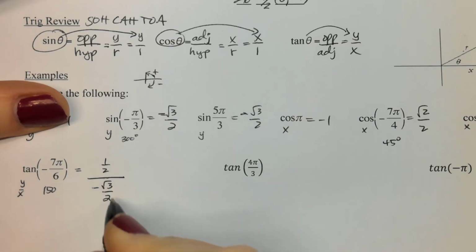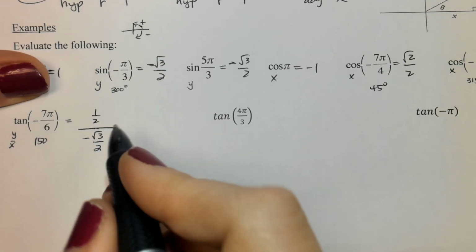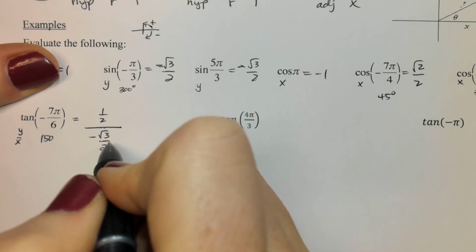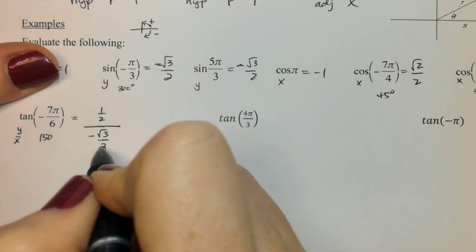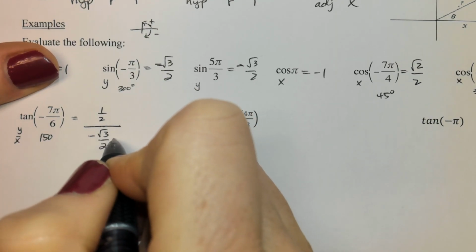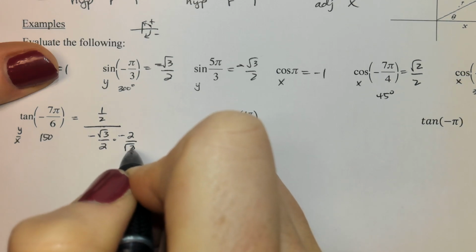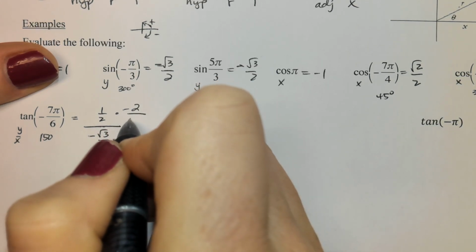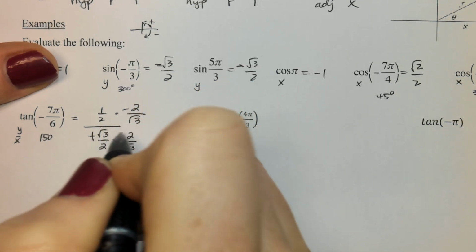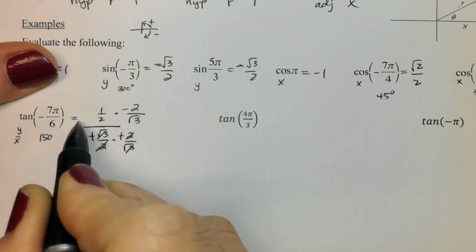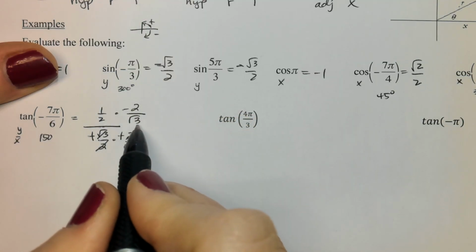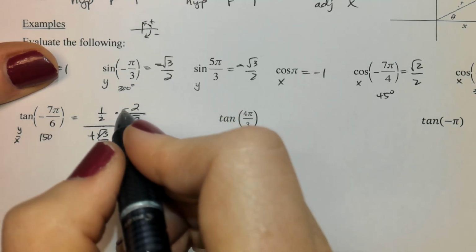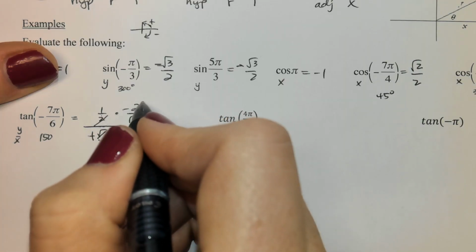What's troublesome is I got a stacked fraction here, and we don't like to have those as an answer, so we need to deal with it. So I'm going to flip the denominator and bring it up. That will get it to cancel on the bottom, and at least now I won't have this big stacked fraction. I just have this one-level fraction. My 2's can cancel because I'm multiplying.